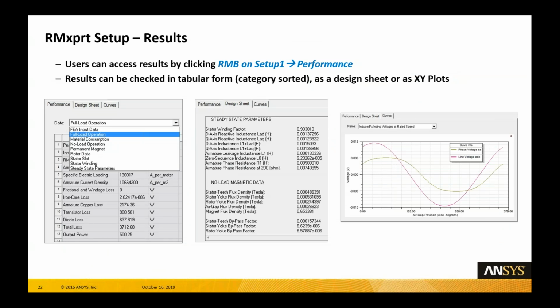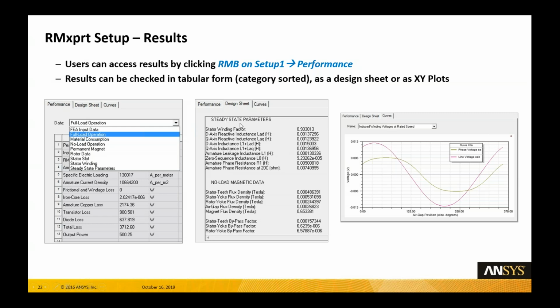For the results, users can access results by right-clicking on the setup and going to the performance. Results can be checked in tabular form or in a categorical form, as a design sheet or as an XY plot.